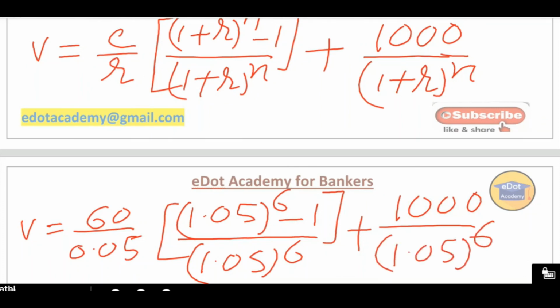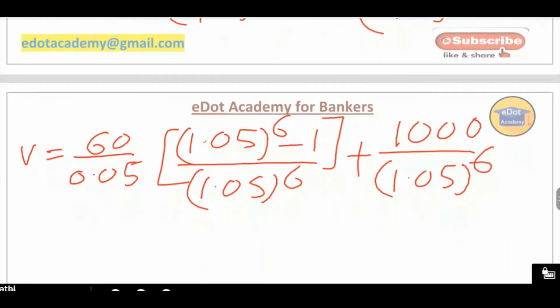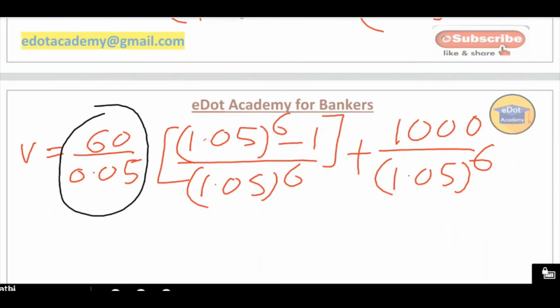Now first find out the value of 1.05 to the power 6 using a calculator. I'm also using it here. You will get approximately 1.34. In between, you can also divide 60 by 0.05. How much will you get?